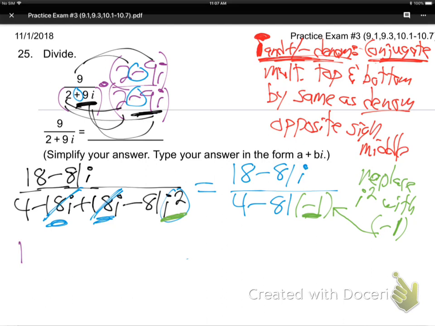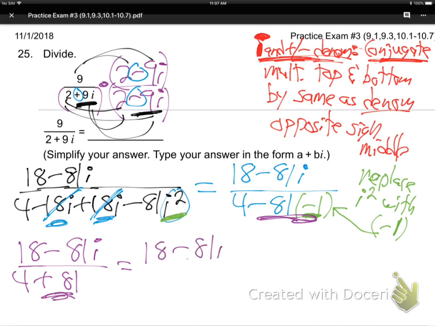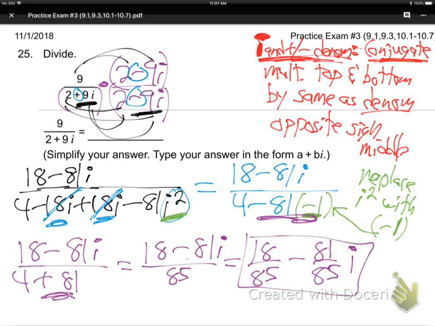This gives us 18 minus 81i over 4 plus 81, right? Minus 81 times minus 1 is plus 81, equals 18 minus 81i over 85. And so now we just break that. They want it broken into two separate fractions, 18 over 85 minus 81 over 85i. There's the answer they want.